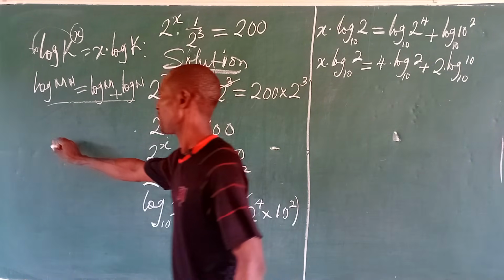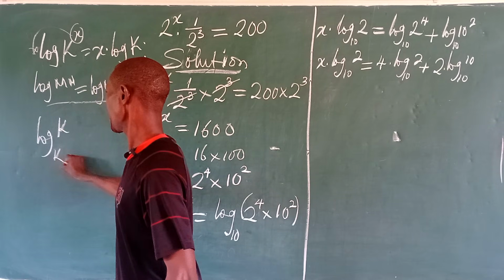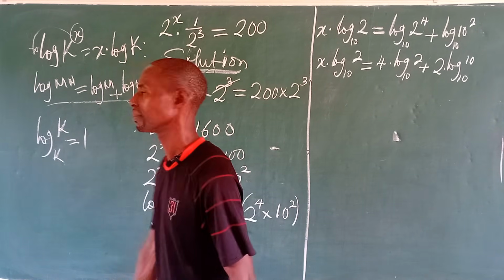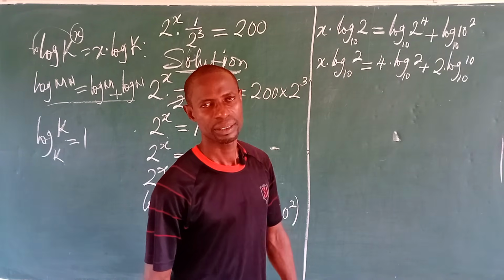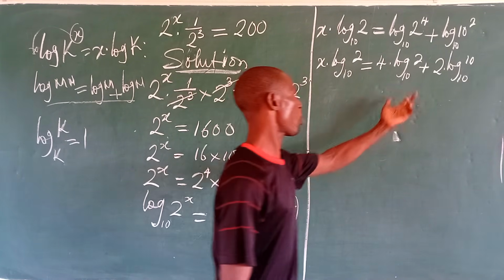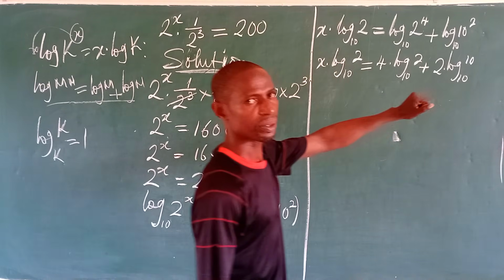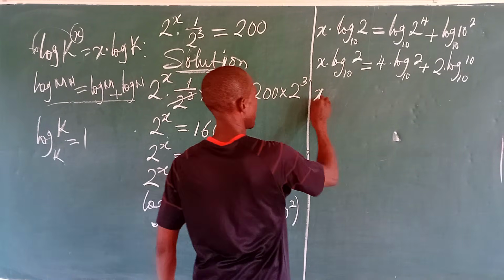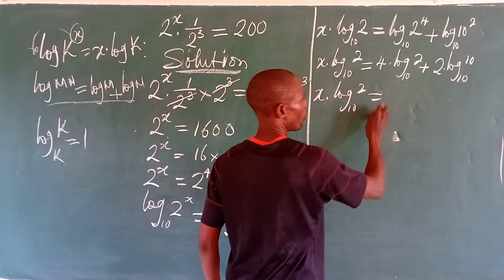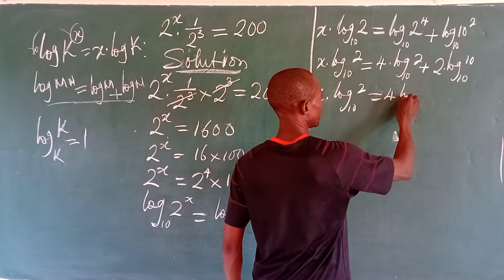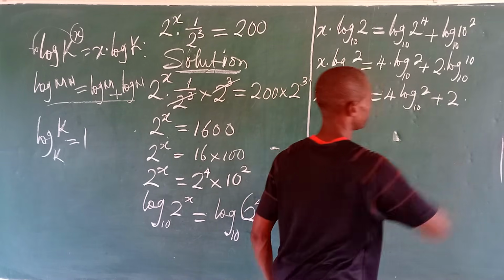It says that if you have the log of k base k, this is equal to 1. So we have 10 base 10, which is equivalent to 1. And so 1 times 2 will give us 2, right? So we're going to have x times the log of 2 base 10 equal to 4 times the log of 2 base 10 plus 2.